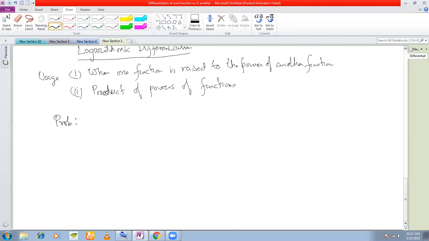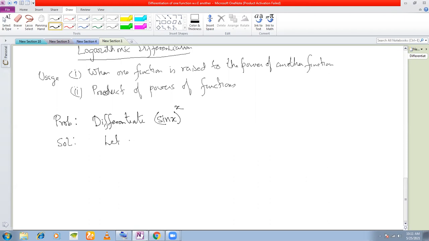Let us say I want to differentiate sine x to the power of x. See that one function has been raised to the power of another, right?